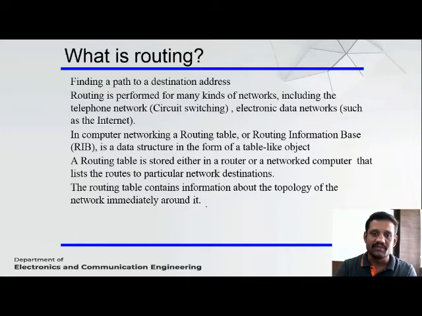It is performed in many kinds of networks, including telephone networks, electronic data networks and the internet. I will give you a simple example. I want to travel from Coimbatore to Pollachi. I don't know which route is best to reach Pollachi.